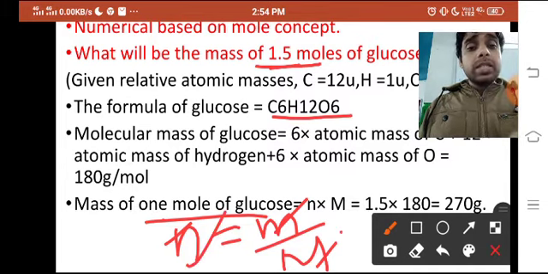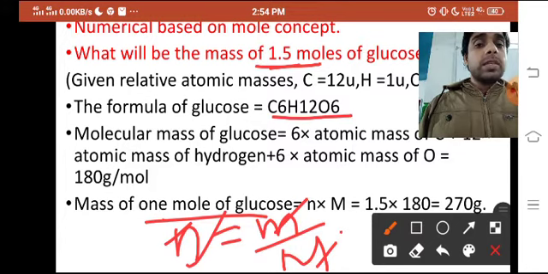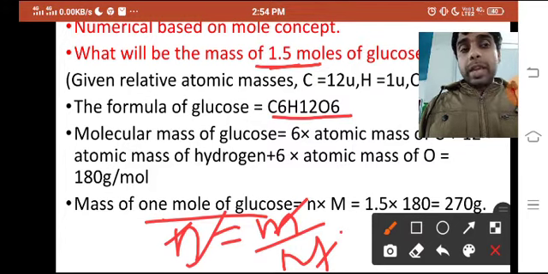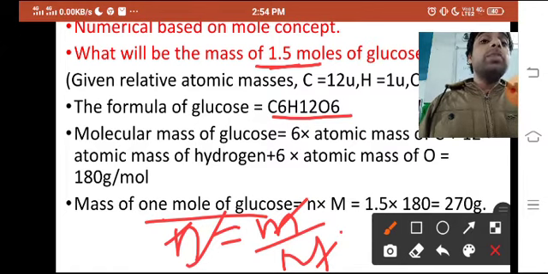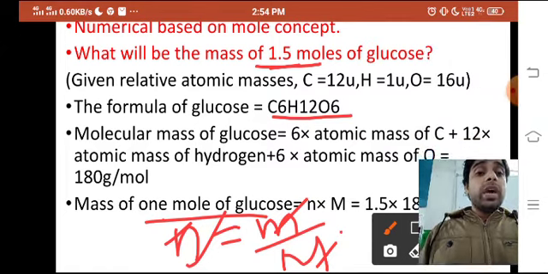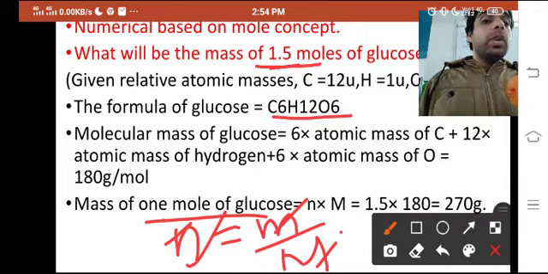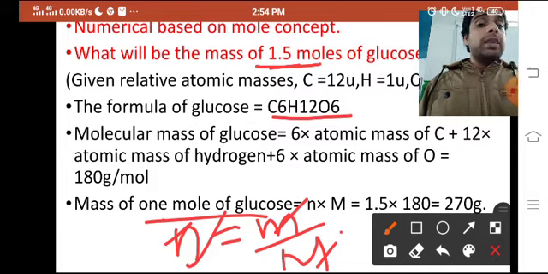You have the number of moles, which is 1.5 moles. Do you have the molar mass? No, you don't have it. You have to calculate it from C6H12O6, and it would be 180 gram per mole. After the calculation you get 180 as the mass of 1 mole.